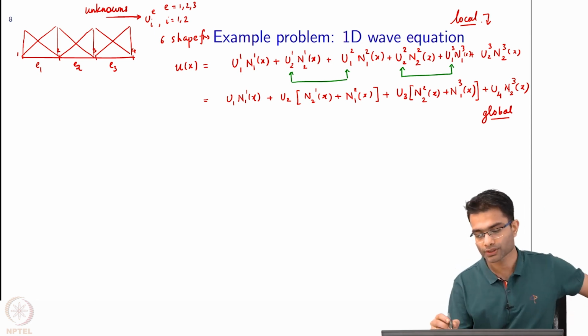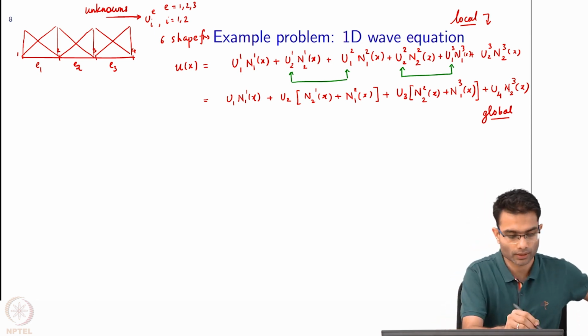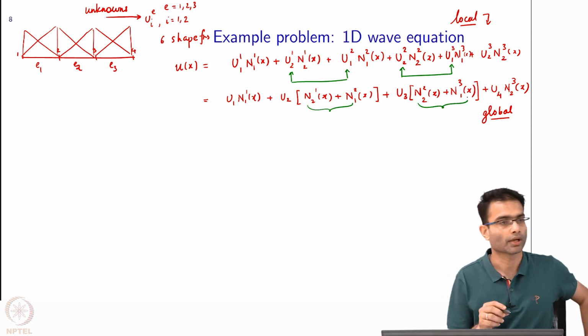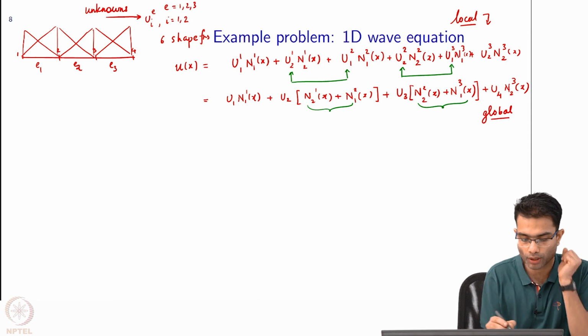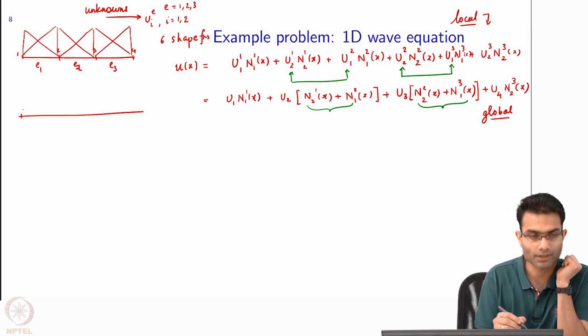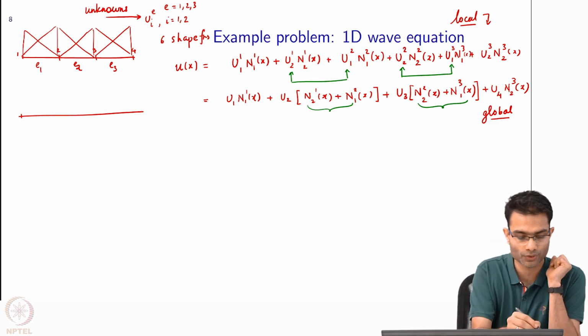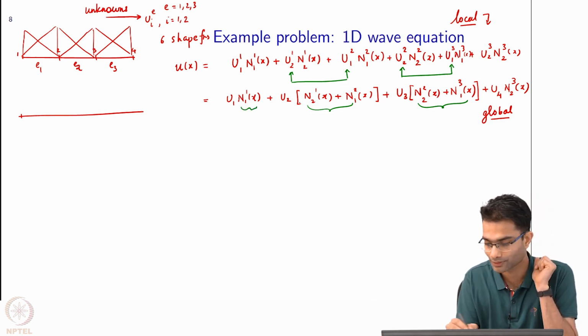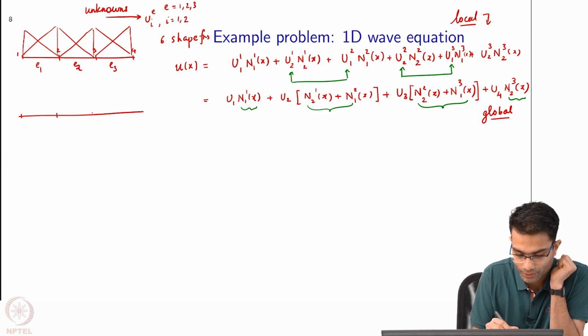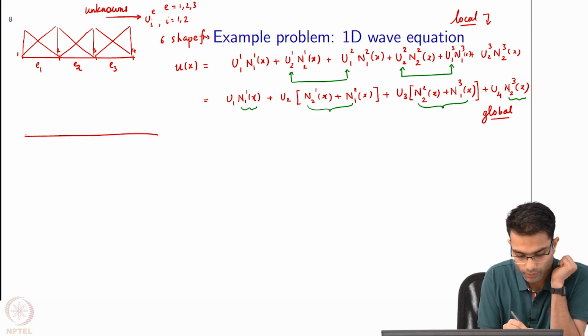Now, these functions that I have in these green brackets, let us plot them. Some of you see where this is going. We will draw it a little bigger here, with nodes 1, 2, 3 and 4.